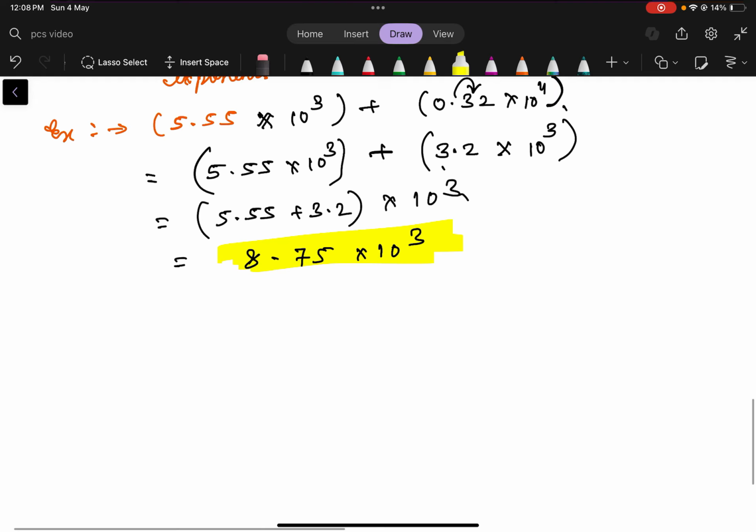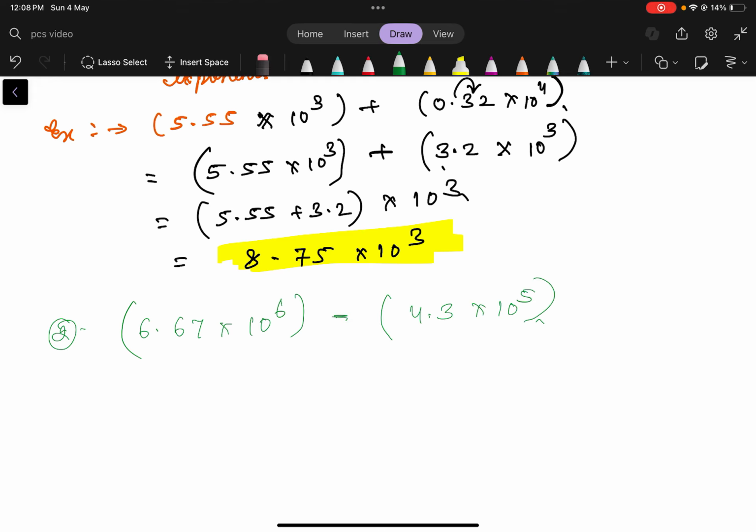Let's look at one more example of subtraction: 6.67 into 10 to the power 6 minus 4.3 into 10 to the power 5.